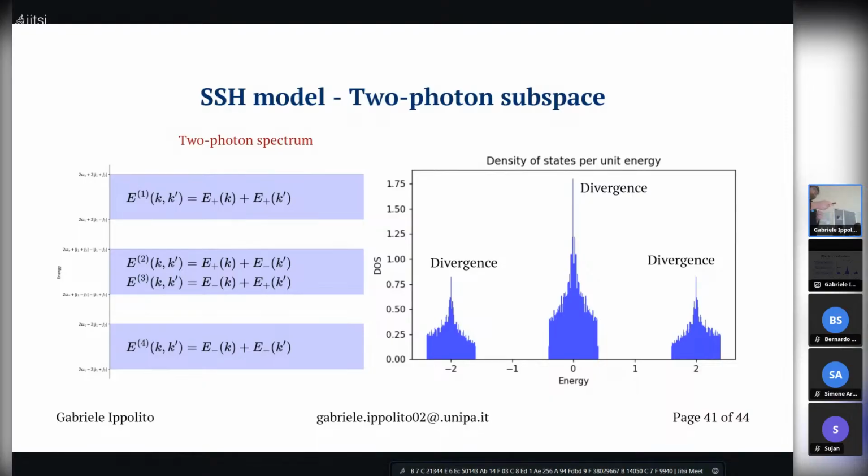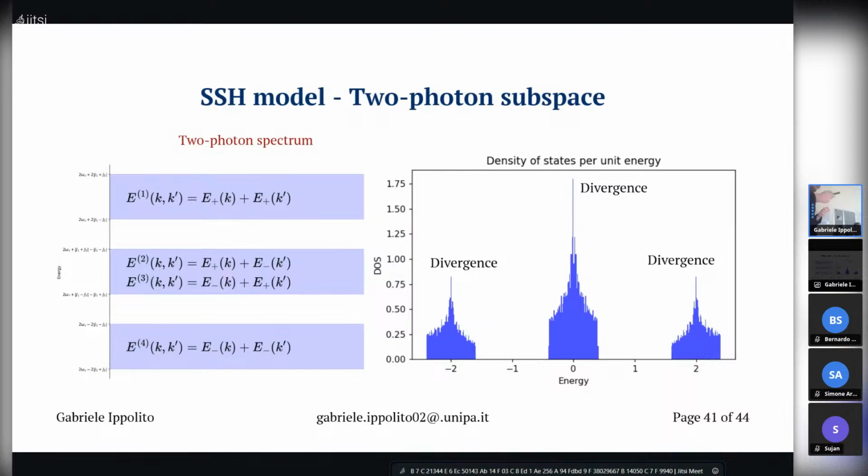We have this band here that means that the two photons are both emitted in the lower band. And then we have all the combinations we can construct if one photon is emitted in the upper one and the other photon is emitted in the lower one. But nevertheless, this two-photon spectrum is far more complex than the one of the one-dimensional homogeneous coupled cavity array.